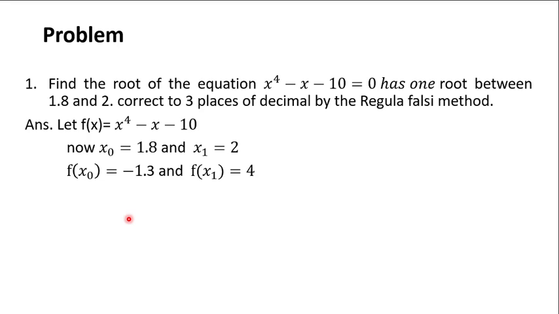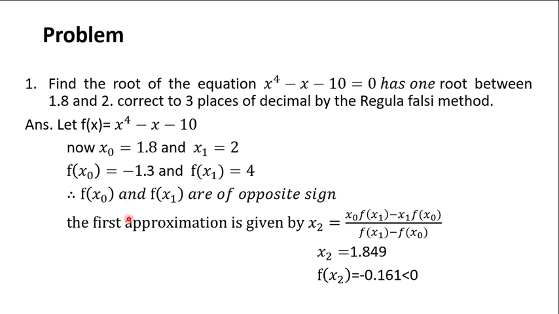The function value f(x0) is -1.3, which is less than 0, and f(x1) is 4, which is greater than 0. Again f(x0) and f(x1) are of opposite sign. Therefore the given root lies between x0 and x1.